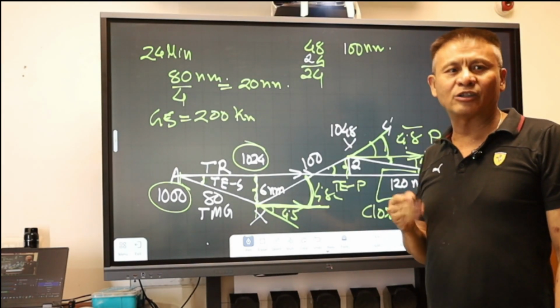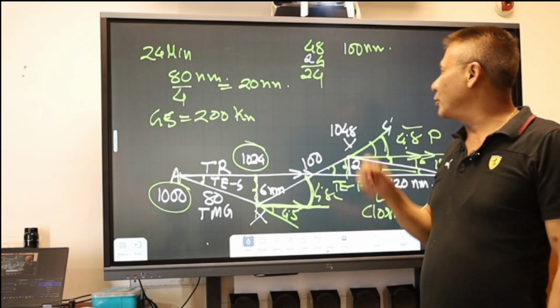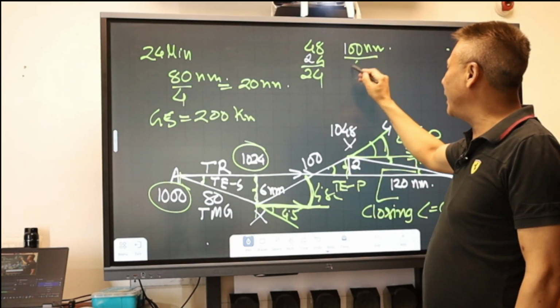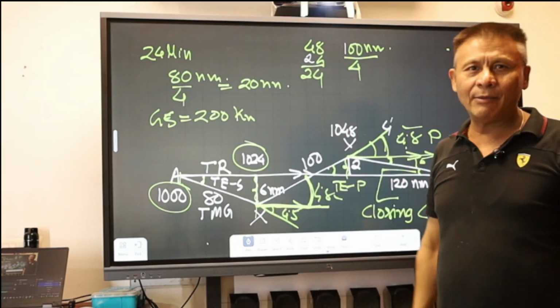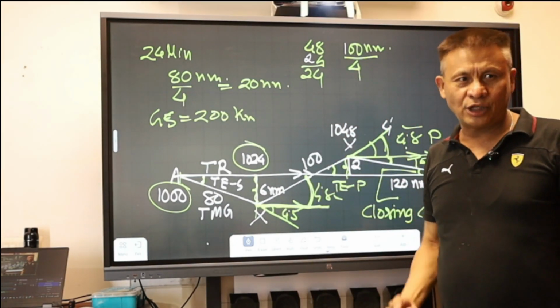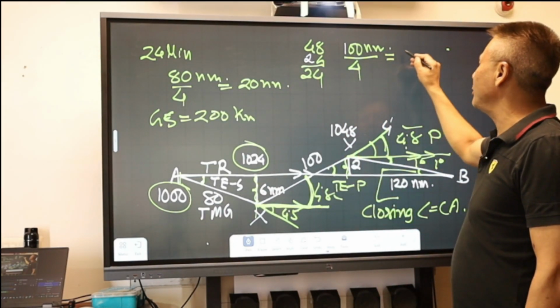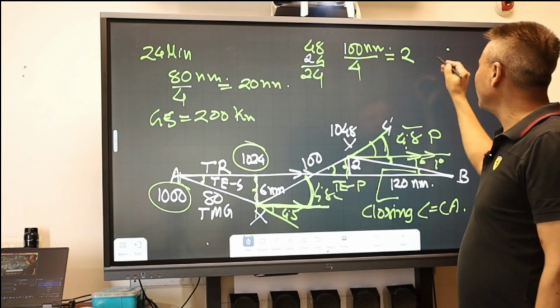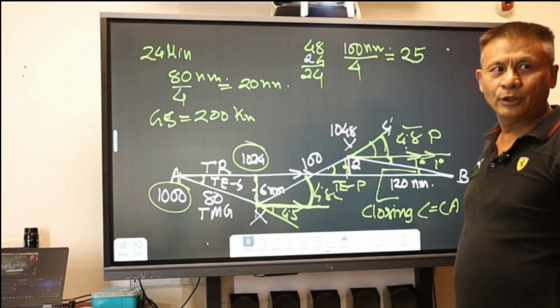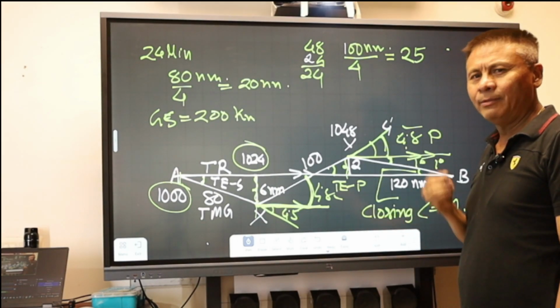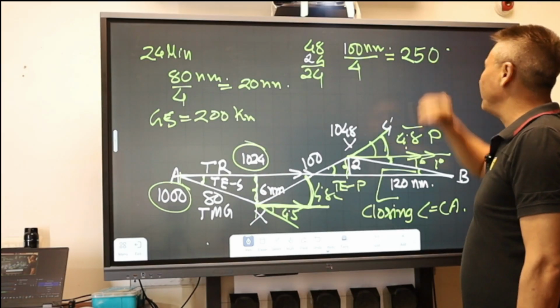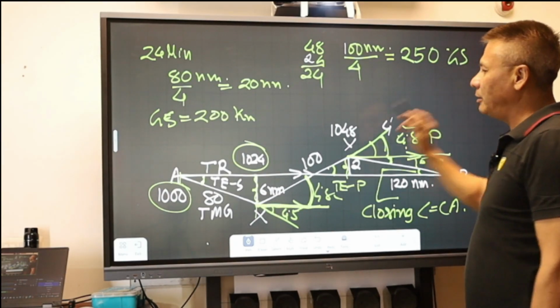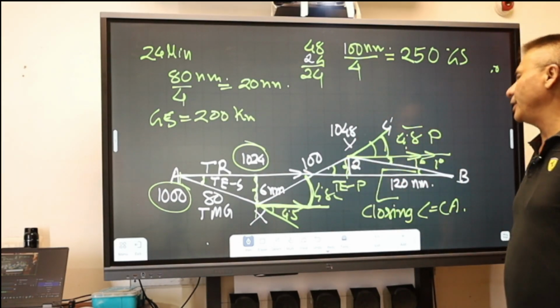It is 4 parts of 6. 6 4s are 24. So if I divide this by 4, then I will get the distance traveled in 6 minutes. 4 2s are 8, 25. So in 6 minutes, 25. So in 60 minutes, it will be 250. So the ground speed between X and Y is 250.